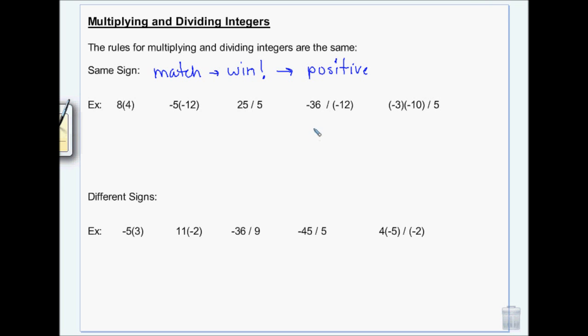If they're both positive, it's negative. So 2 positives make a positive, 2 negatives make a positive. 2 positives, by the way, this is division, make a positive, 2 negatives make a positive. 2 negatives make a positive divided by a positive is another positive.